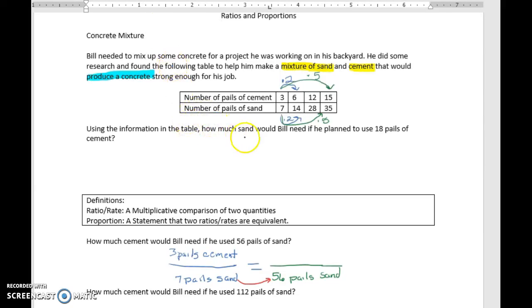So using this information, we want to know how much sand Bill needs if we have 18 pails of cement. So if we know that there's 3 pails to begin with of the cement, and that is in the same ratio as the 7 pails of sand, he wants to know how much sand he's going to need for those 18 pails of cement.